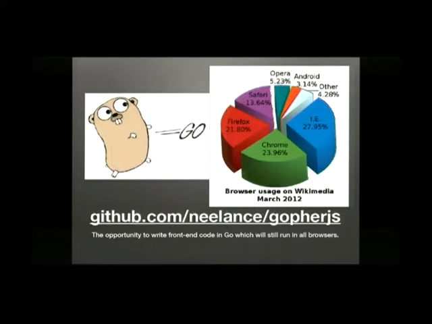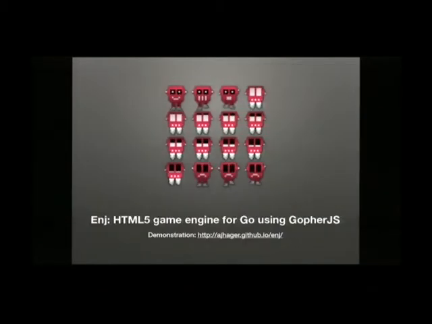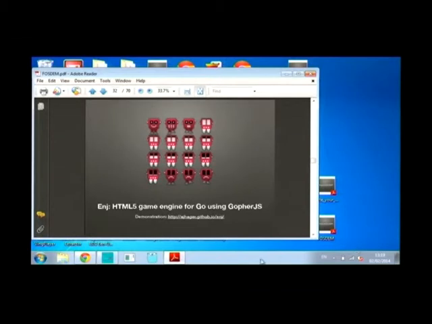Happily, with Go4JS, I can give you a little demonstration. I'll go straight to it, shall I? There is a wonderful game engine that's been written using Go4JS, and I'm going to just mess about on here and give you a little demonstration of it.